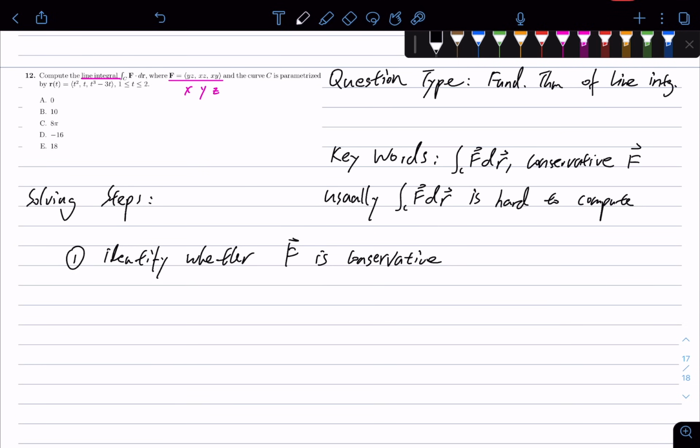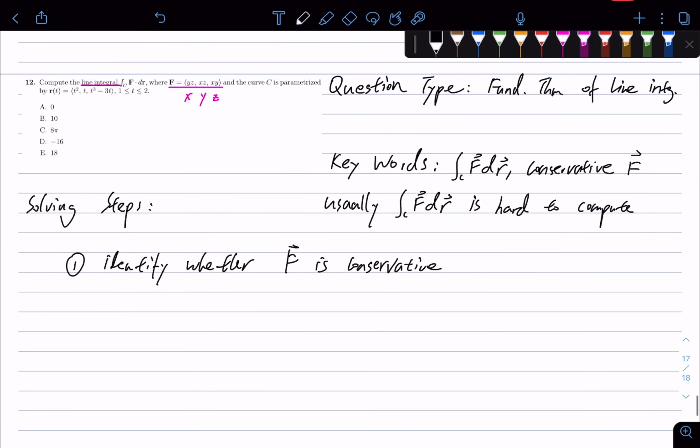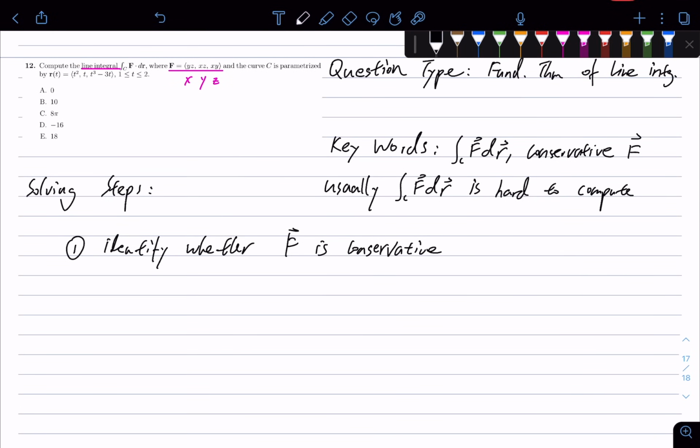I hope you agree with me, right? You can check, in a two variable case, f_y equals f_x, sorry, the f_xy. Sorry, never mind.